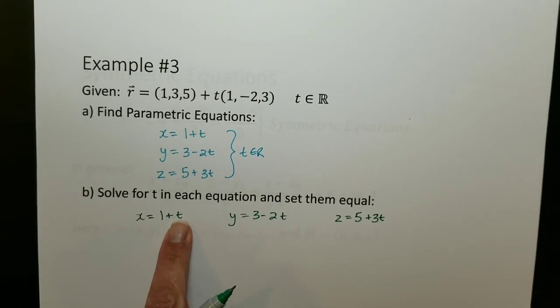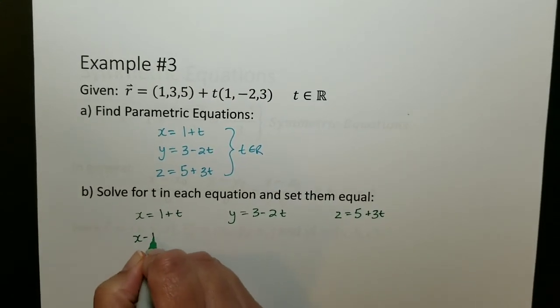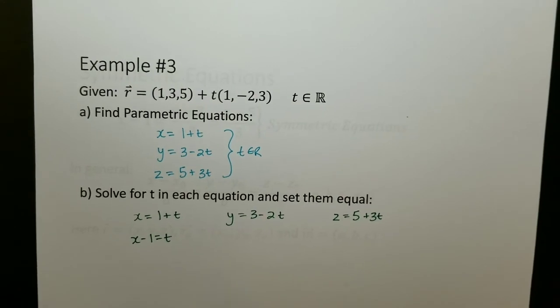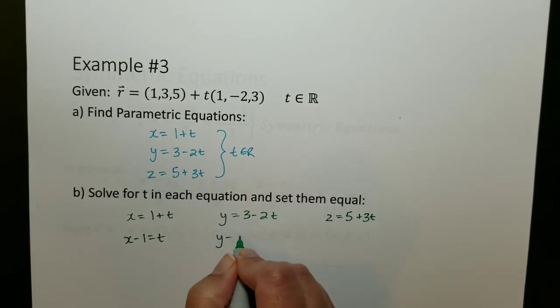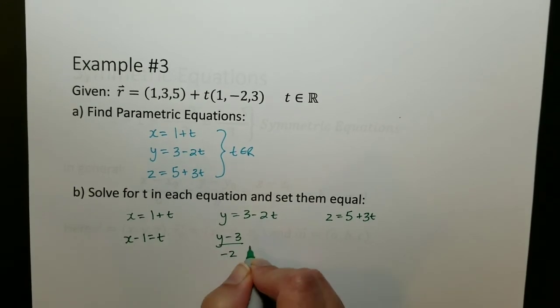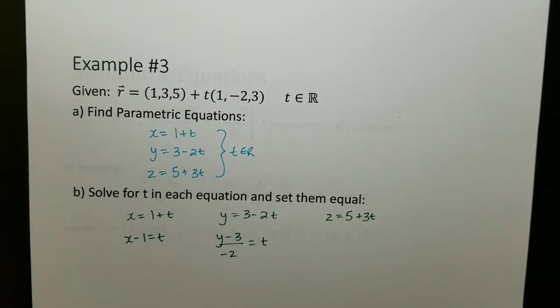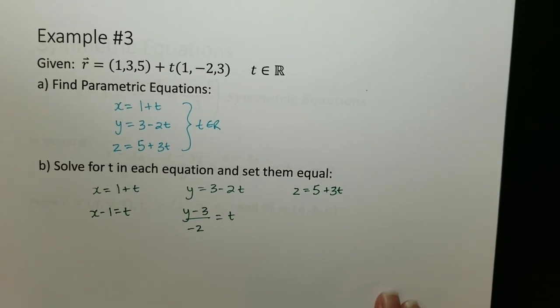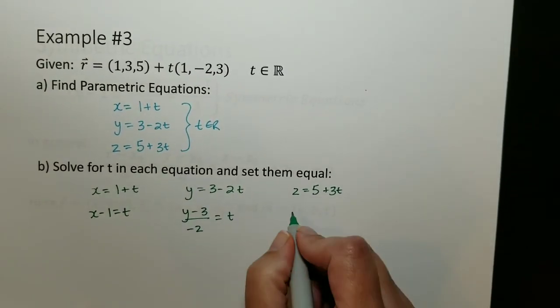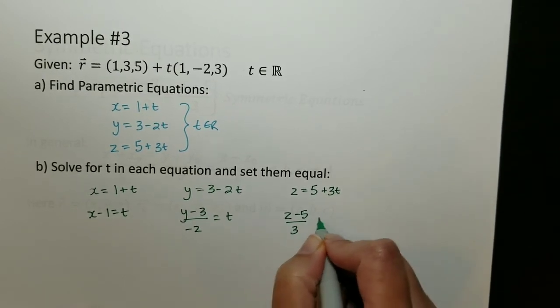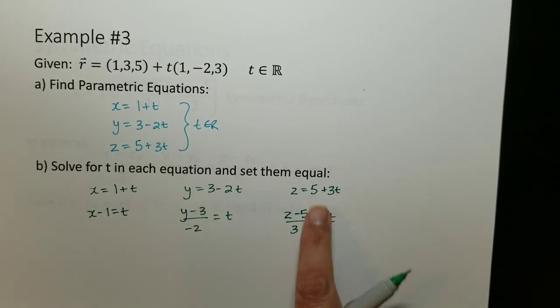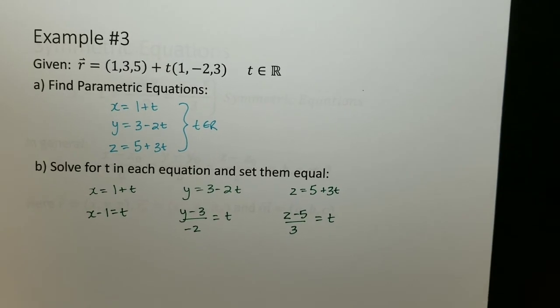So here, solving for t, x minus 1 equals t. Solving this one for t, I'm going to get (y minus 3) divided by negative 2 equals t. You can use more steps than this if you want. Here we've got (z minus 5) divided by 3 equals t. So I'm bringing the 5 over and dividing that 3 down.